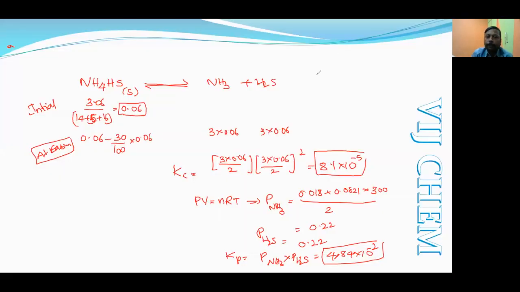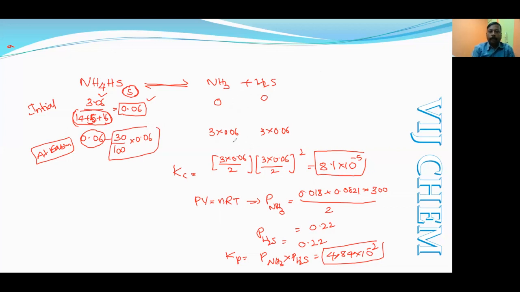Okay, see here, complete detailed solution. Here, the main thing you should observe is it is in the solid state. Okay, 3.06 grams are given, divided by molar mass, you will convert into the moles, 0.06. Okay, so as it is initial, the product moles will be 0. At equilibrium, 30% of reactant is reacted. So 30% of 0.06.